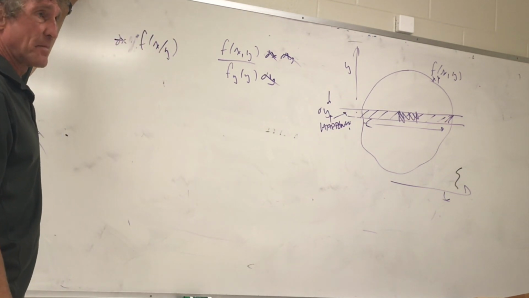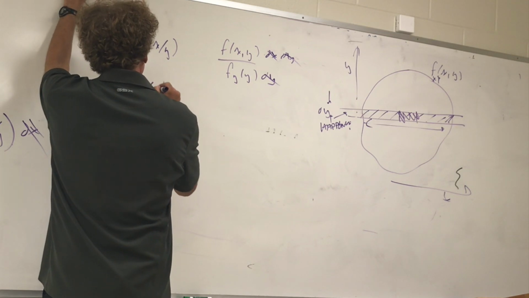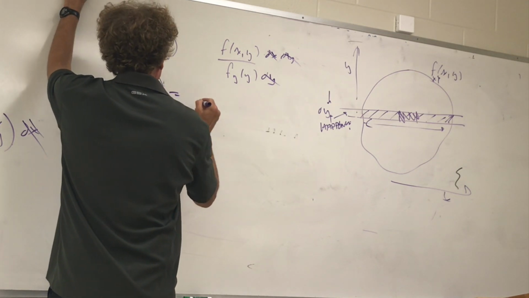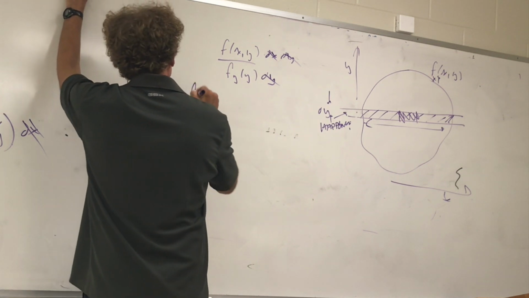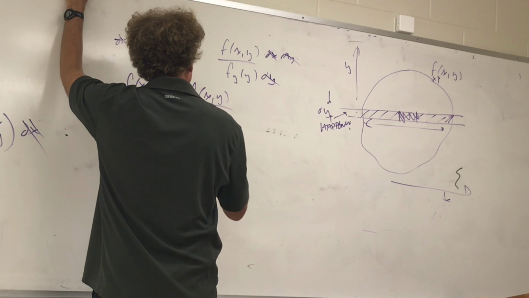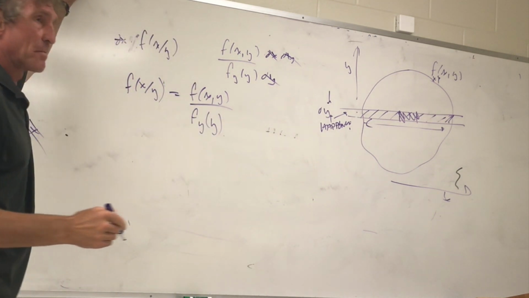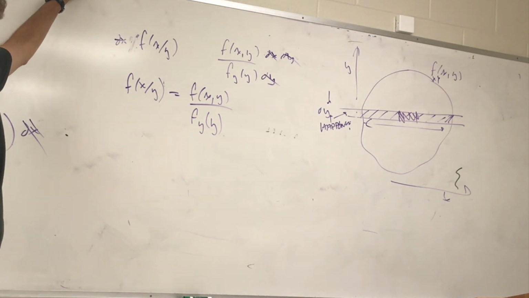What he's going to have is this: f of x given y occurs is equal to f of x comma y over f of y. Hopefully I start making sense, because I'm not doing justice to this, and I know it, but I'm trying my best. That's what's going to come out of it.